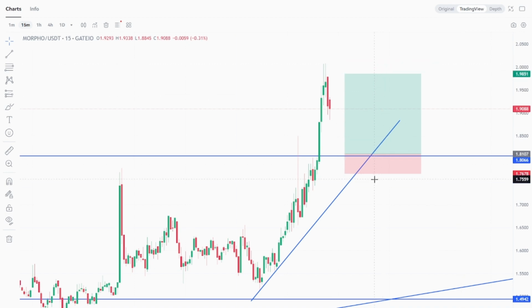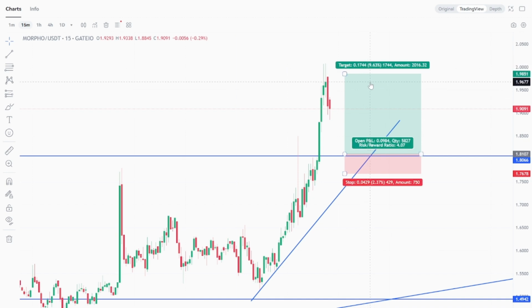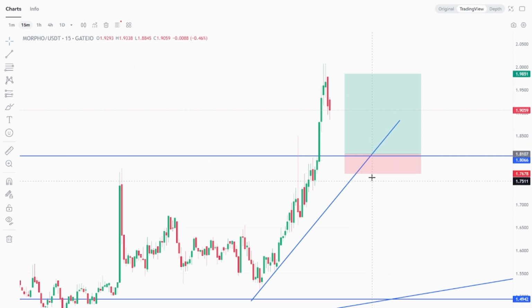So you are risking less than 3% for almost 10% of this price, depending on if you use leverage or any other thing. I'm just talking about if you are using spot trading. So you are just risking under 3% for like 10% gain. But if you are using leverage, you're risking more money and making more money.